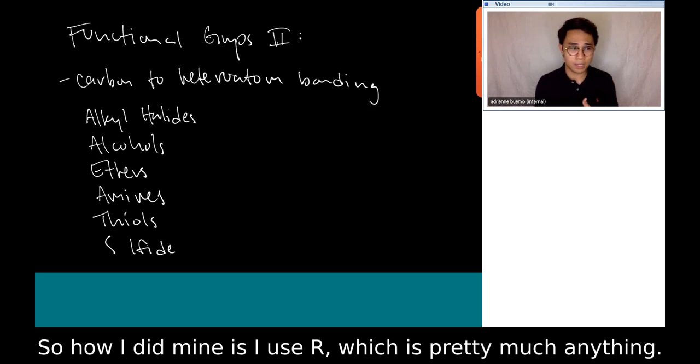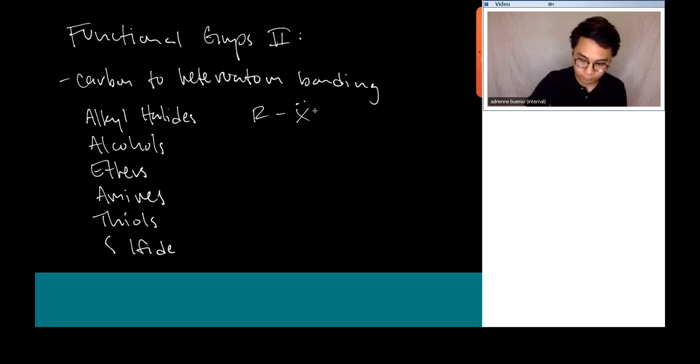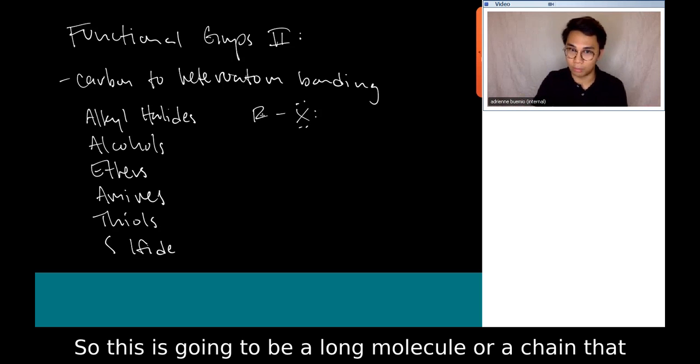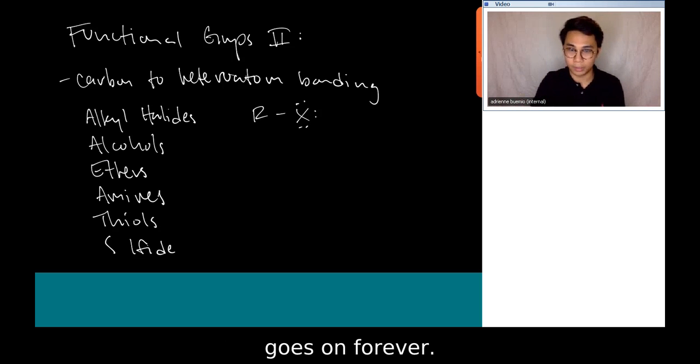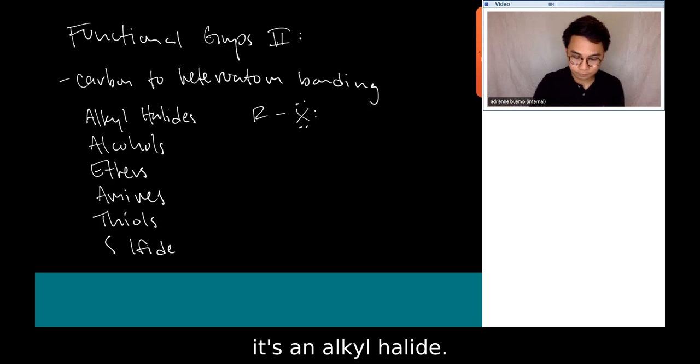So how I did mine is I use R, right, which is pretty much anything. So for alkyl halides, R and then halides, halogens, right? So that's the general structure of alkyl halides, right? So this could be a long molecule, a chain that goes on forever, but as long as it has a halogen right there, it's an alkyl halide, right?